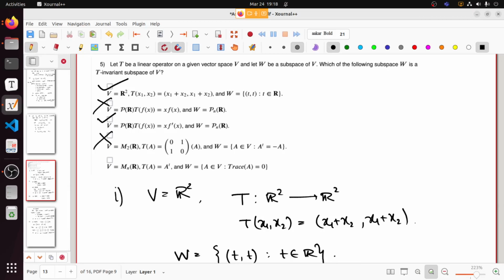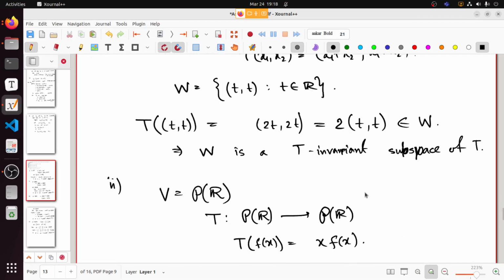Now check option number 5. This is M n R matrices, T of A is A transpose, and the subspace is all trace zero matrices.